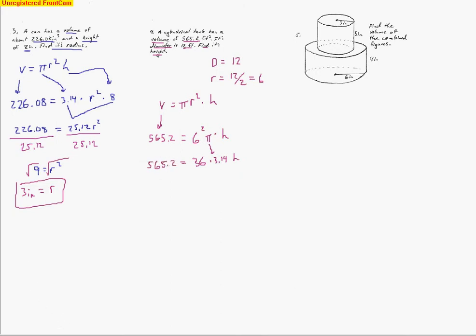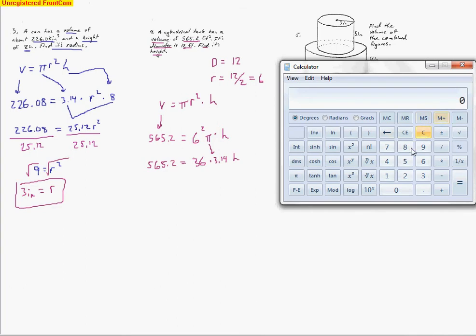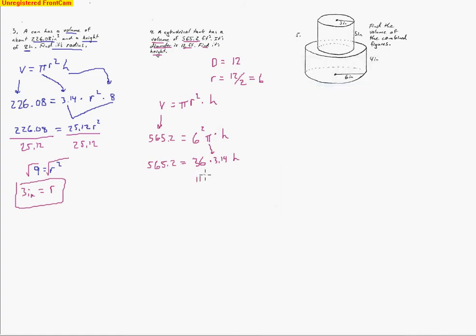So in the calculator, we plug in 36 times 3.14, and that equals 113 and 4/100ths h, and this all equals the 565 and 2/10. So now we're ready to solve by dividing by 113 and 4/100ths. We'll do the same thing on this side, 113 and 4/100ths.